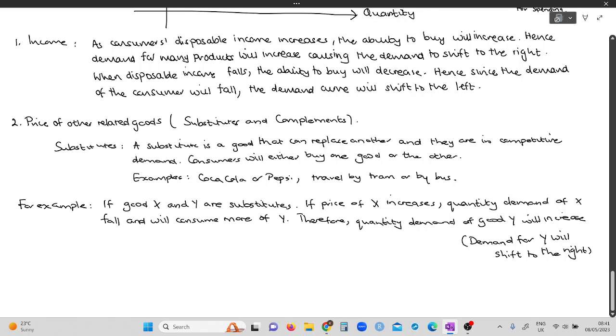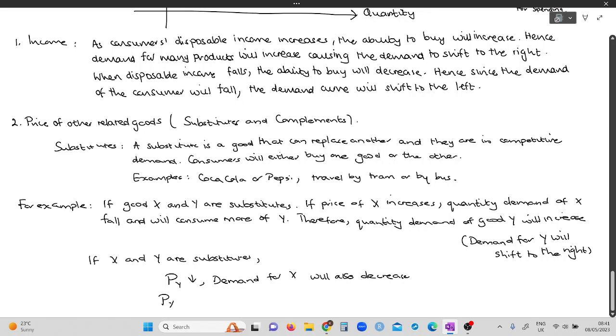So here we can say that if X and Y are substitutes, if the price of Y decreases, the demand for X will also decrease.